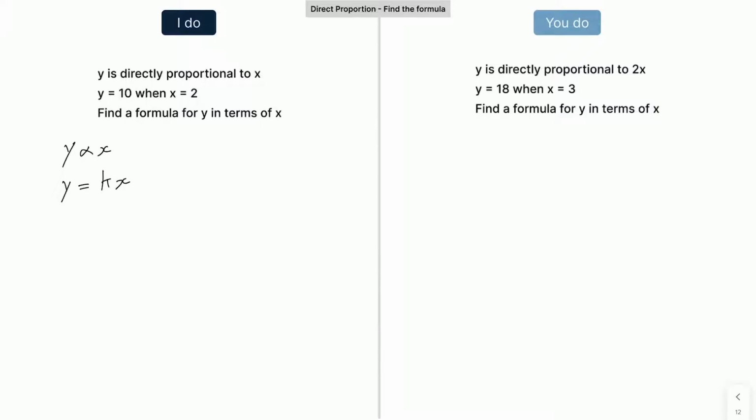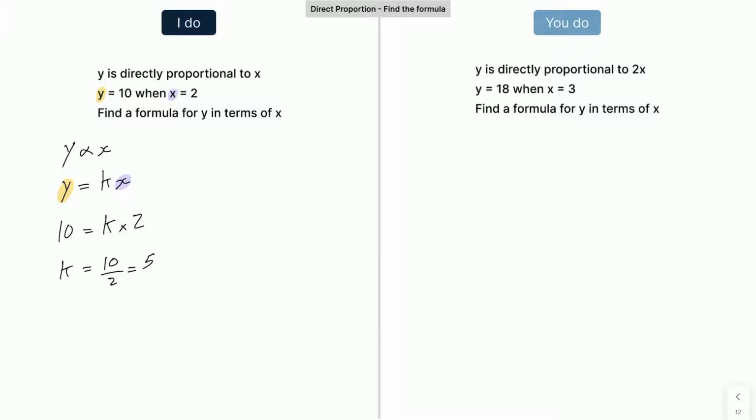We're now going to substitute the values for x and y in, and I'm just going to highlight them on this example. That's y from there, and that is going to be k coming in from there. So that is going to be 10 is equal to k times 2, and we can now rearrange that to make k the subject. If we divide each side by 2, we end up with k is 10 over 2, which can be simplified to 5.